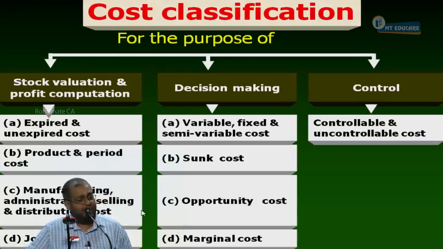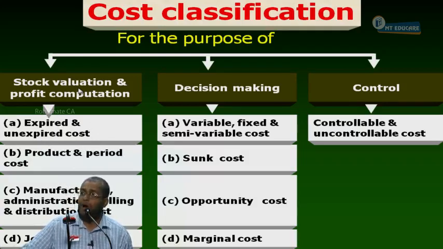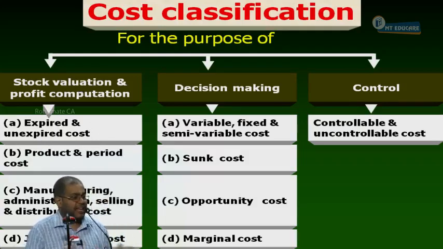So that non-manufacturing expires fully and manufacturing only to the extent of cost of goods sold. To classify as product cost and period cost, why should I do it? Then only I will be able to know what is expired and what is unexpired. Then only I can calculate my stock value and calculate my profit appropriately. That is why we classify the cost in different manners. Everybody understood or not? With this, this stage has been completed.